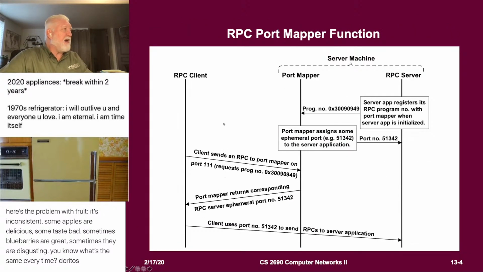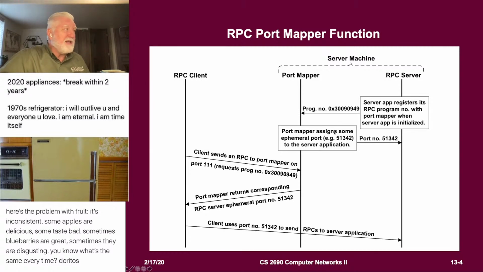Later on, there's this idea, and I do think that the exam includes something about a port mapper. This is the RPC client. This is the server machine. The port mapper essentially is a device that allows the two devices to talk via I/O ports. Having received it on an I/O port, it can then map that and get the thing that's being sent back to the correct program inside the server.